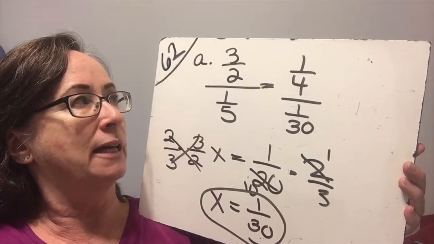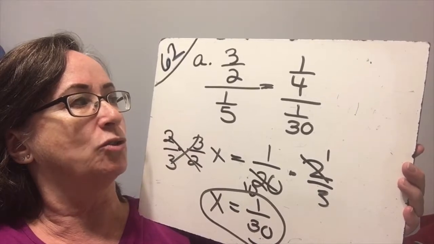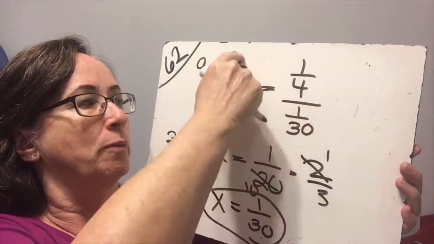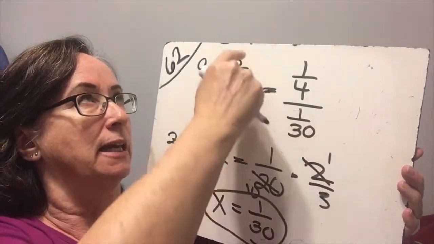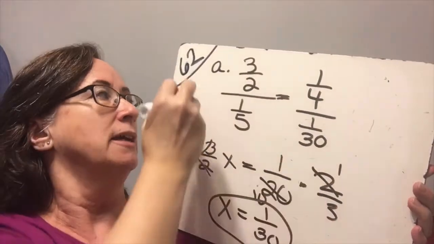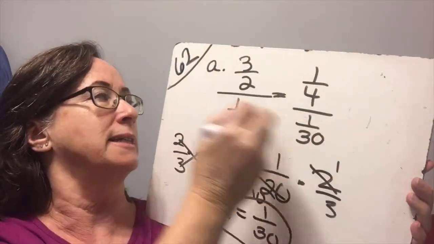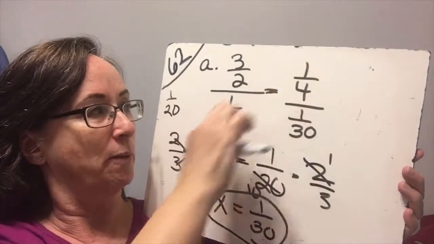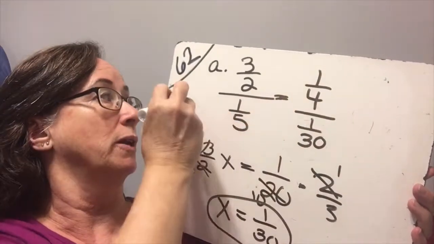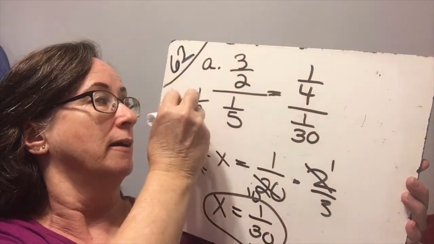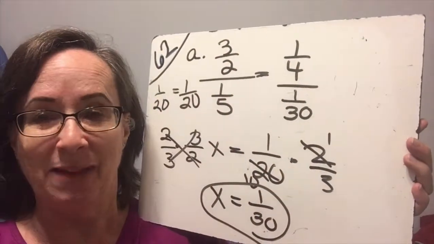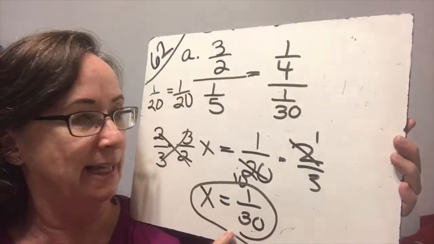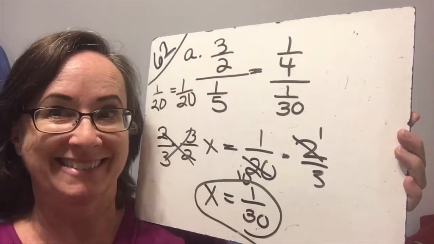And I will get 1 over 20. I'm trying to do this in my head, because 3 over 60 is 1 over 20. So this crossway says 1 over 20. So now we're going to go this way, and we already know it says 1 over 20. So they are the same, and my answer is 1 over 30, and it makes it a true proportion.